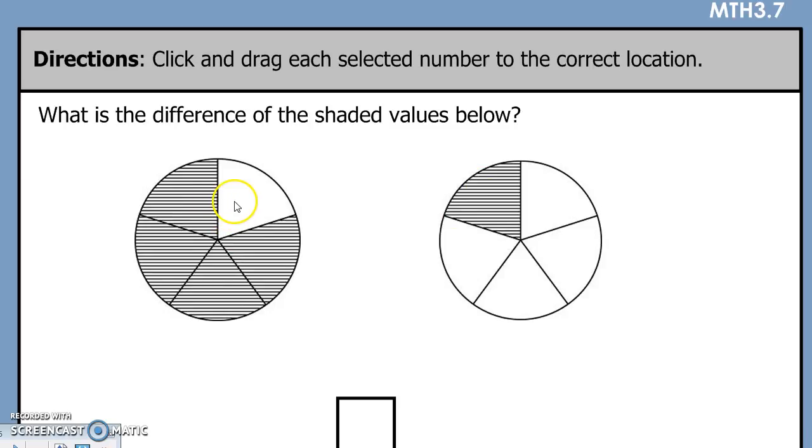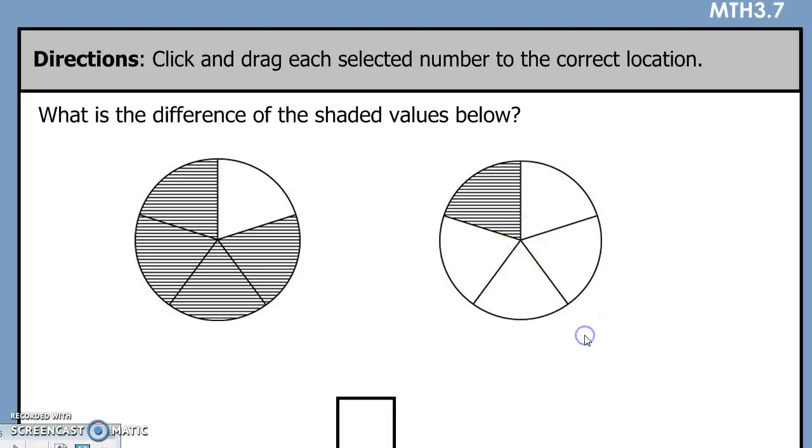So in this one you have 1, 2, 3, 4, 5. 4 out of the 5 pieces are shaded here. Over here, you only have 1 out of the 5 pieces shaded. So basically what you're saying is 4/5 minus 1/5 equals what?